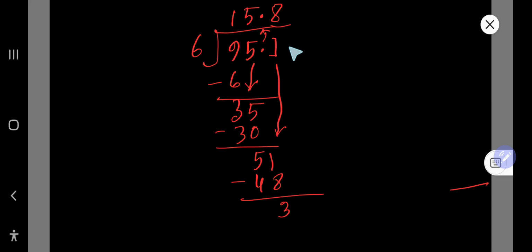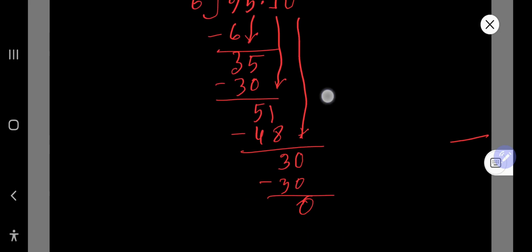So we can take any number of 0s after the decimal point, because that doesn't change the value of the decimal number. So now bring down this 0. 6 goes into 30 how many times? 5 times. Now you are getting remainder 0, right?